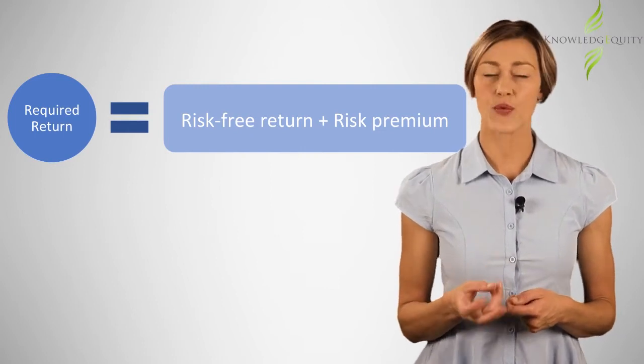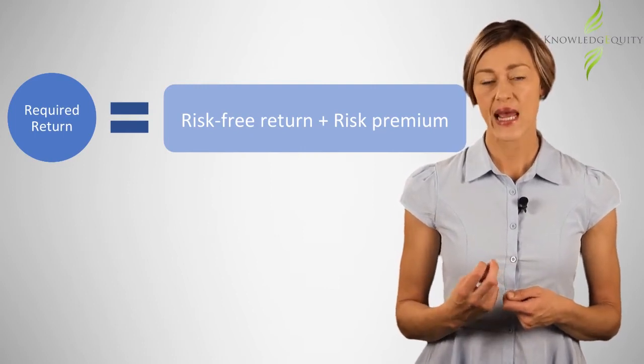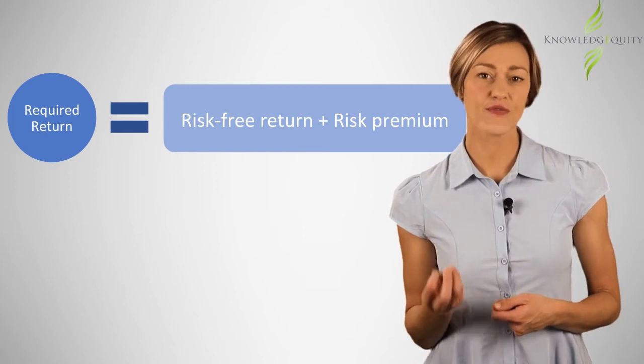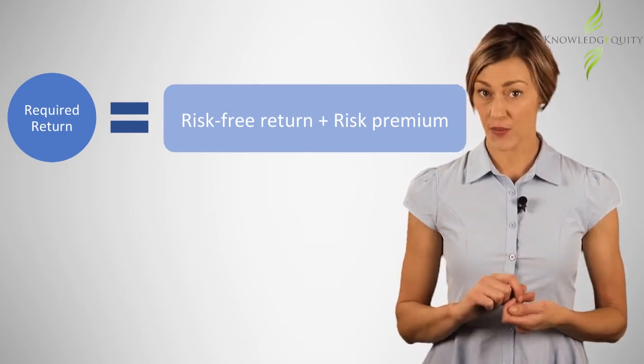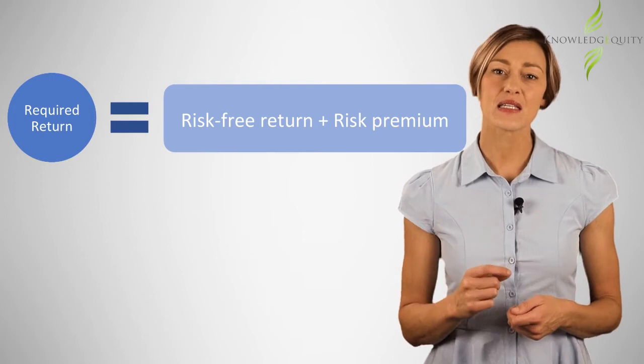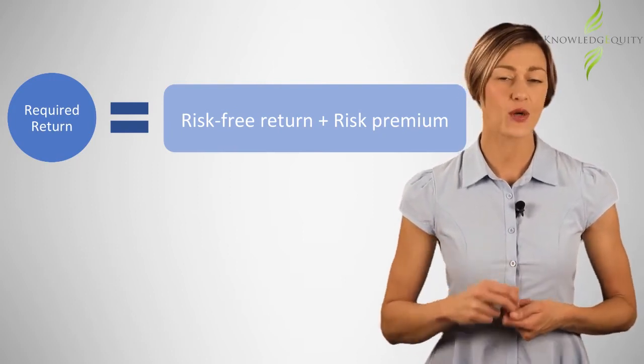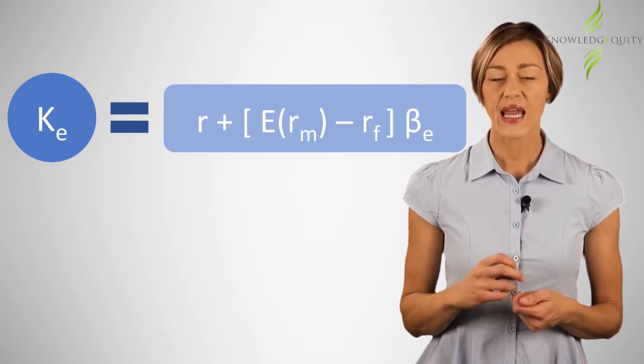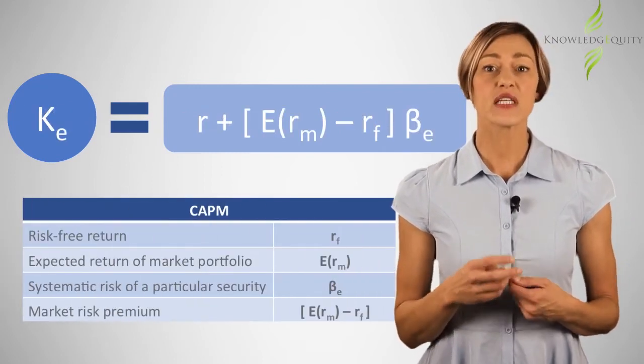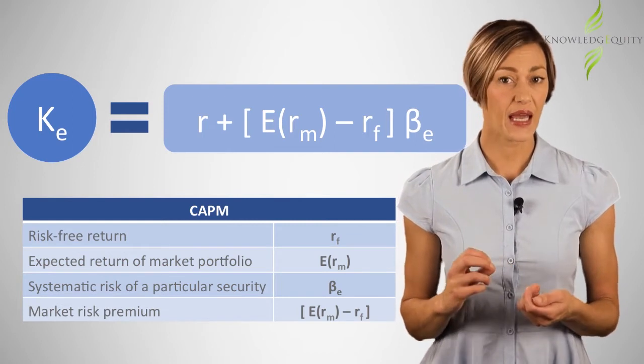This model suggests that the required return for equity holders is the summation of the risk-free return, such as from government bonds, plus a risk premium to compensate for the possibility that funds may not be repaid. In CAPM, RF is the risk-free return.